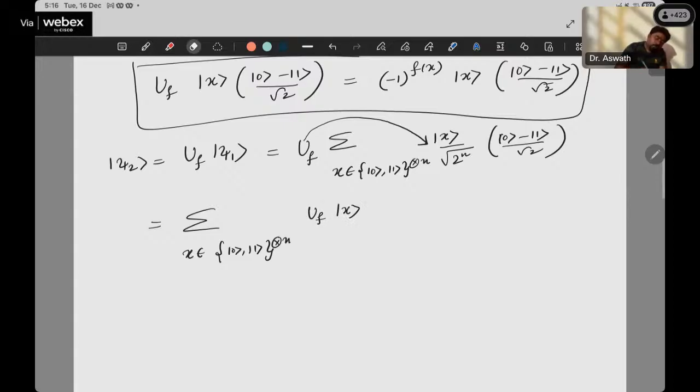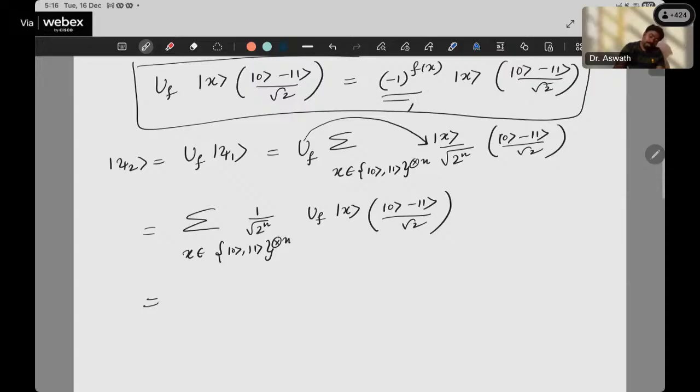If you want, you can send 1 by 2 to the power of n to the start. So this is |0⟩ minus |1⟩ divided by square root of 2. Now we just found out this result.